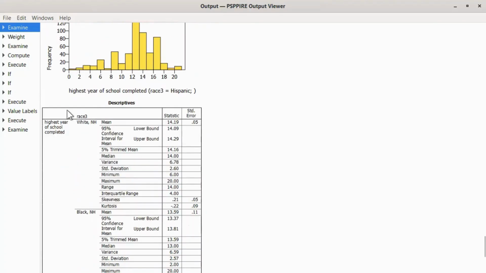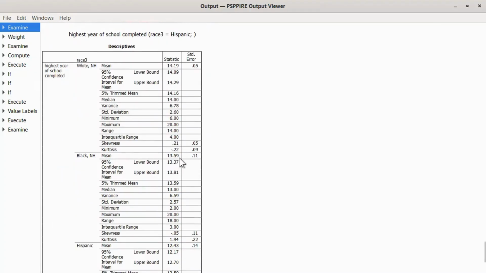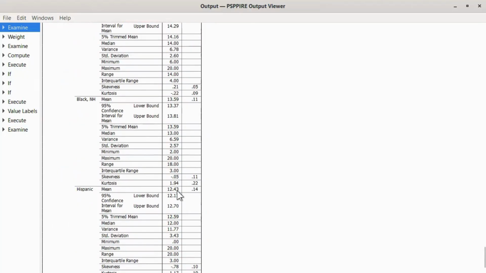Let's look here. So for white, average years of education is 14.19, and we see the confidence interval goes from 14.09 to 14.29. Black, it's 13.59, and the confidence interval goes from 13.37 to 13.81. And Hispanic, it's 12.43, and it goes from 12.17 to 12.70. Now, just by looking at these 95% confidence intervals, I can see that they don't overlap.